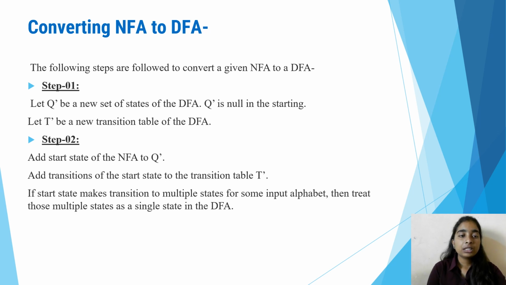Let T' be a new transition table of the DFA. In step 2, add the start state of the NFA to Q'. Add the transition of the start state to the transition table T'. If the start state makes a transition to multiple states for some input alphabet, then treat them as a single state in the DFA.